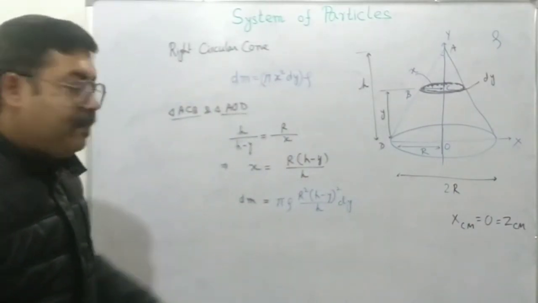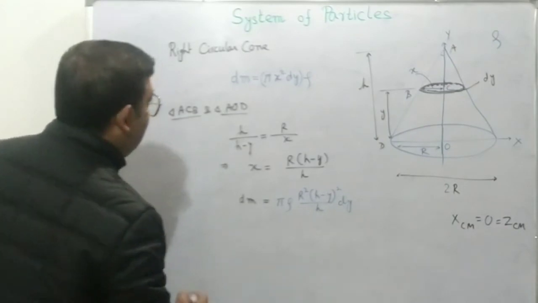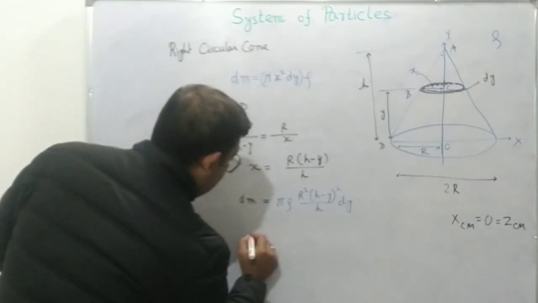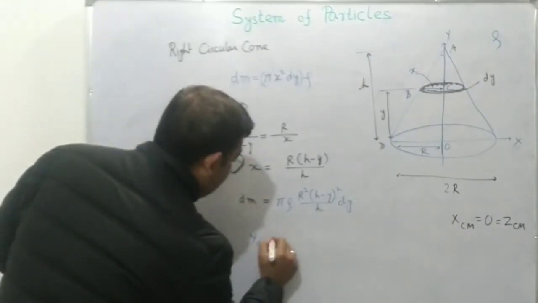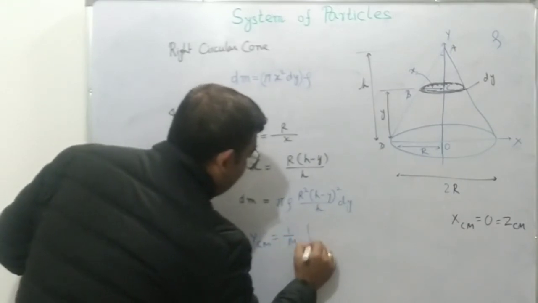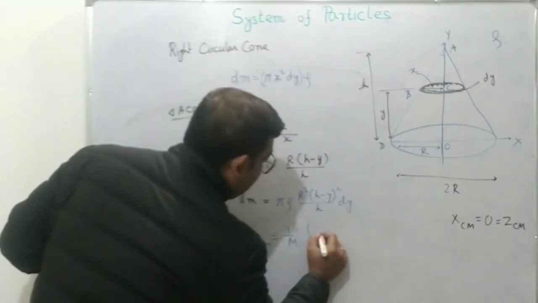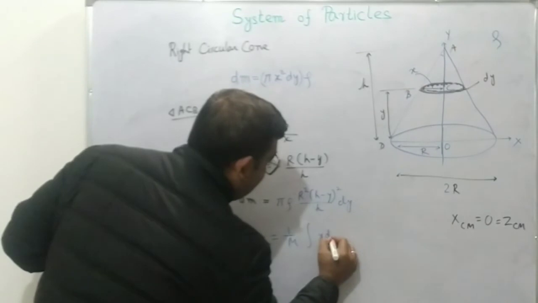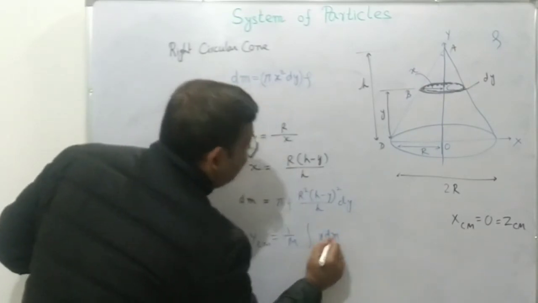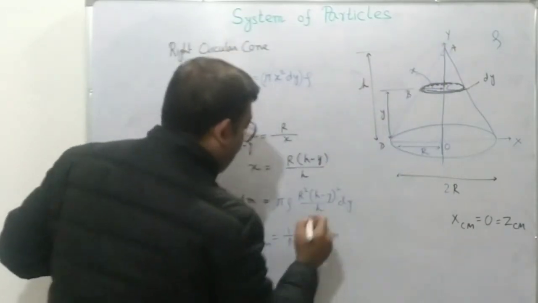So if this is dm, then what will be y cm? It will be 1 by M, integration of y dm, where y is from 0 to the height H.